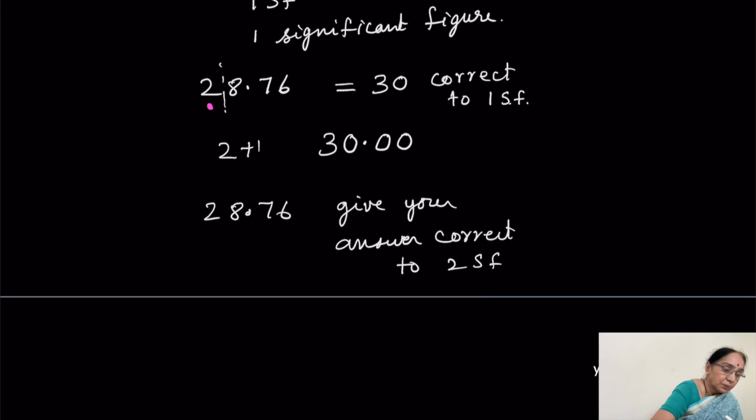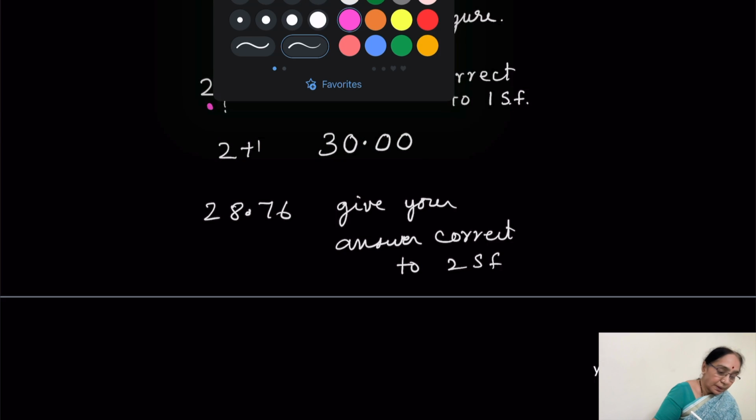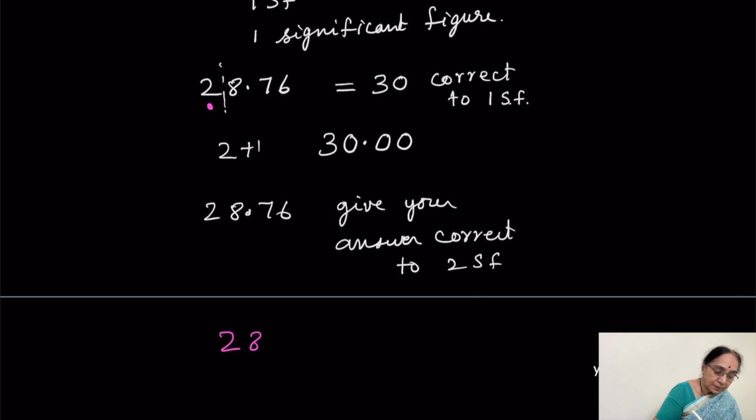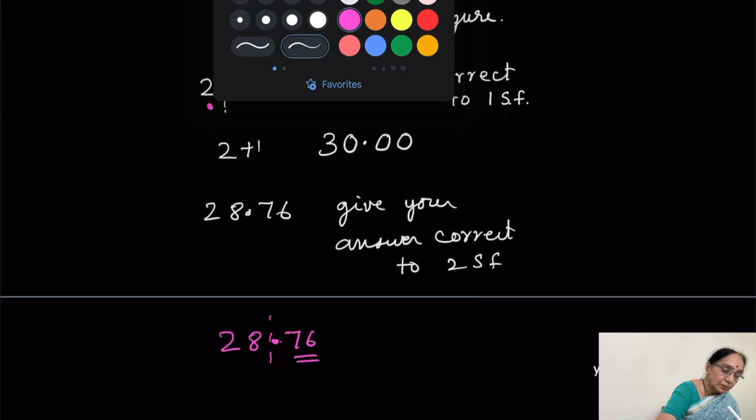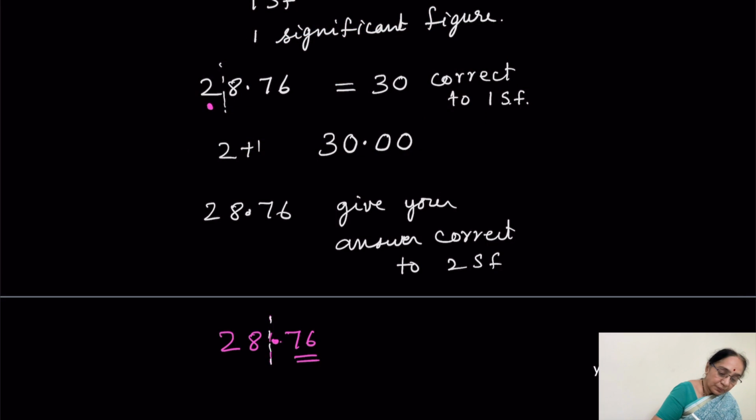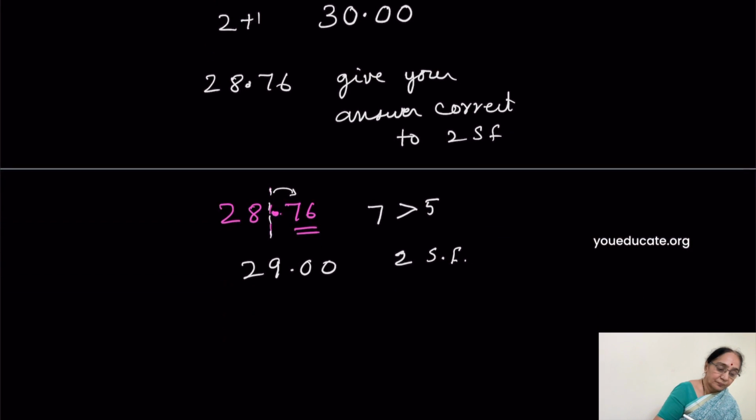So I should retain 28, and then the rest, the 0.76, should be converted to zeros. So now what do I see? Immediately after the line is 7, and 7 is greater than 5. So 1 has to be added to the previous digit. So this is 29.00. This is correct to 2 significant figures.